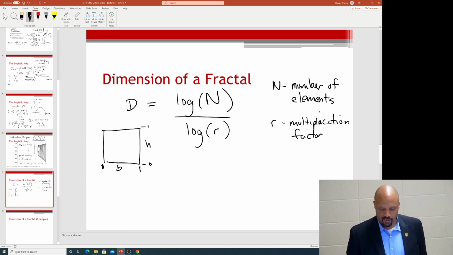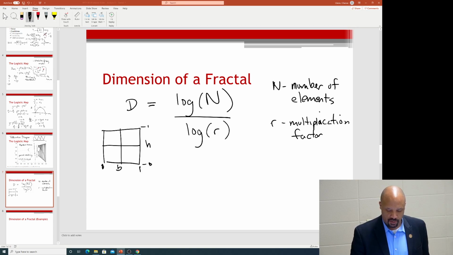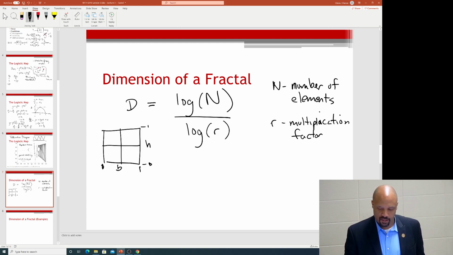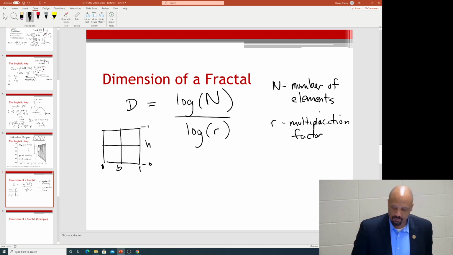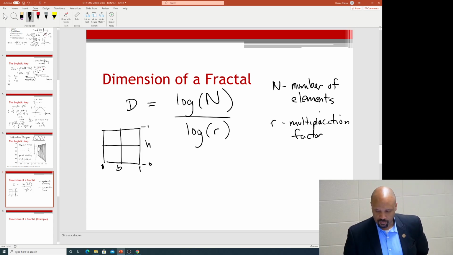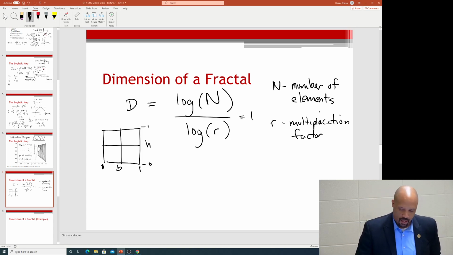So if we wanted to break this up into equal pieces, the first one is the log of 1 over the log of 1, and that's 1. But that's not very interesting.